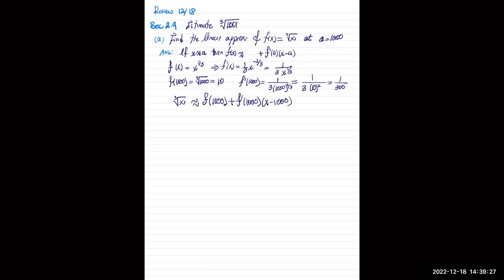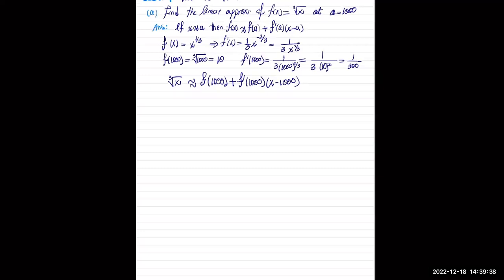I'm just rewriting the formula with a being 1,000. Plug in the values, you get 10 plus 1/300 times x minus 1,000.